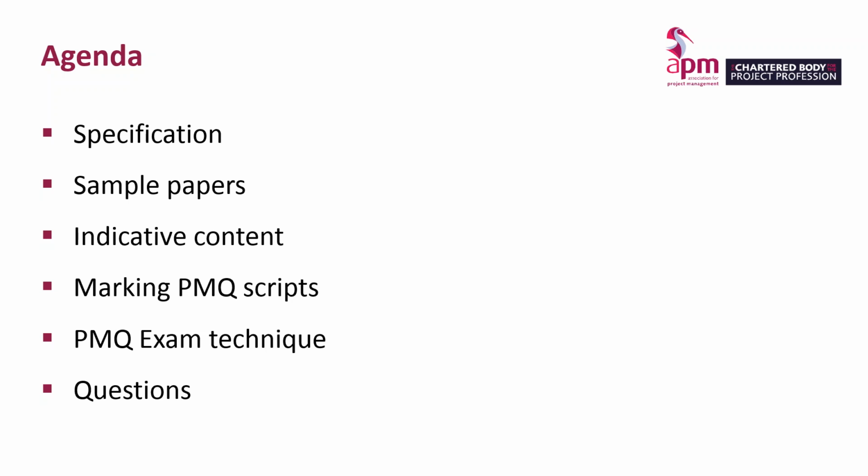The specification is a recap for the benefit of anybody who didn't join the webinar last month in November. Then we'll introduce the sample papers, and then we'll talk about indicative content, and we'll use examples from the indicative content and sample papers, which were both released on the 29th of November, so I hope you've had a chance to look at both of those documents.